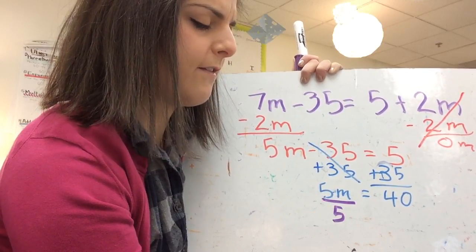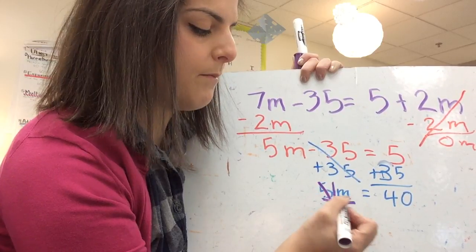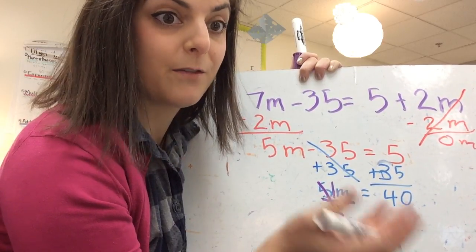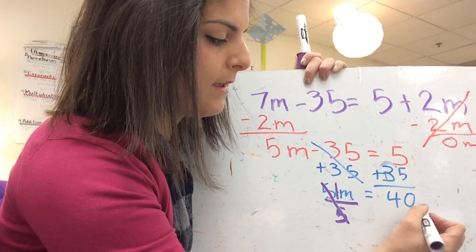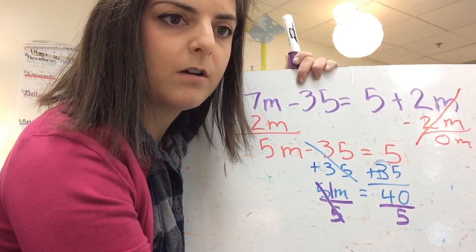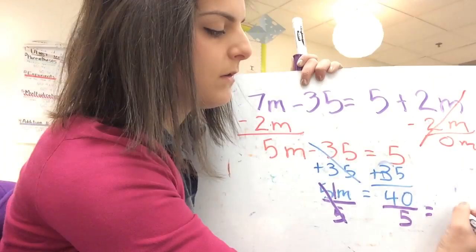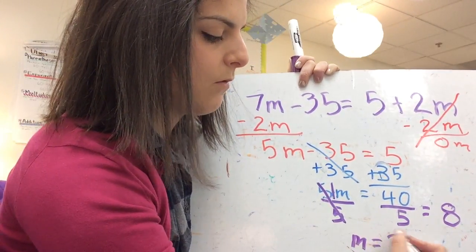What's 5 divided by 5? It's 1, right? So now we have 1m. Anytime you see a variable by itself, it really has an imaginary 1 in front of it. But 1m is equal to 40/5. And what does 40/5 equal? Okay, 40/5 equals 8. So in this situation, m equals 8.